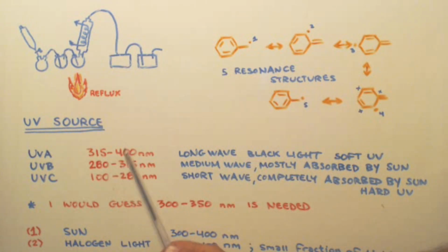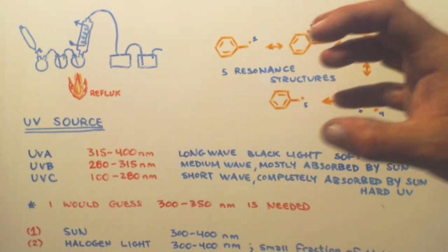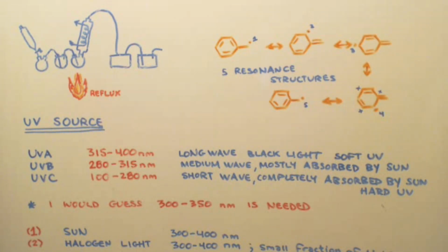So I would say between 300 and 400 nanometers is what you need to do this reaction. If you wanted to buy a light that just does UV, you would need a UV light between 300 and 400 nanometers, meaning the wavelength. I would guess 300 to 350 nanometer would be the best. I don't know, though. I'm just guessing here.